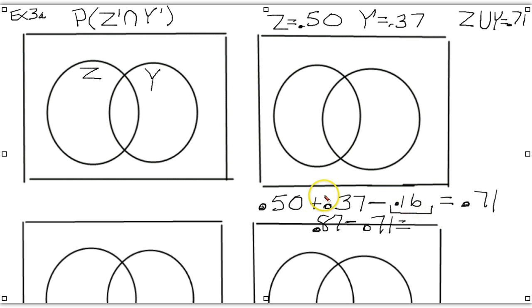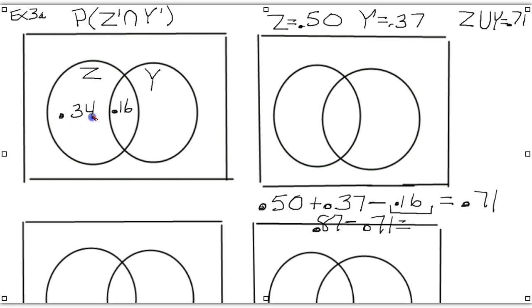So that's the method. Again, we did some of this in the past, we want to find out what our intersection is. So we can now say our intersection is 0.16.